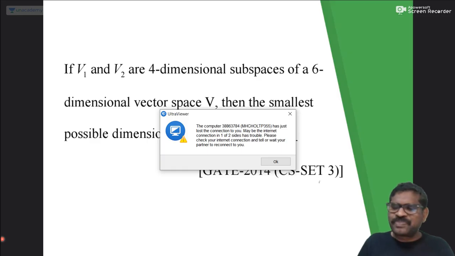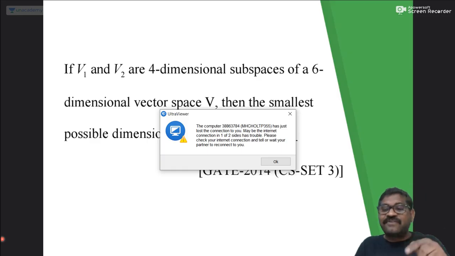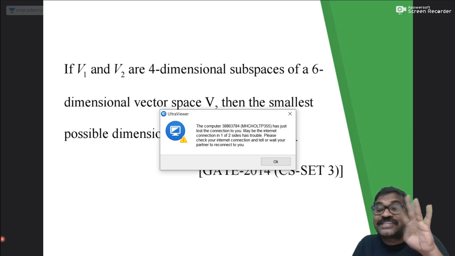Come here. V1 and V2 are four-dimensional subspaces.